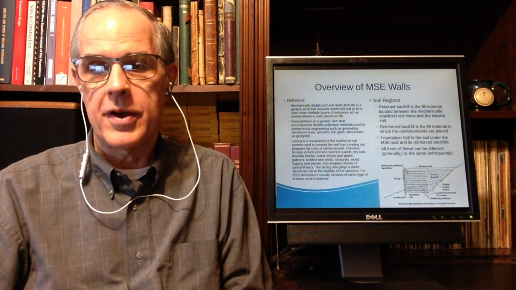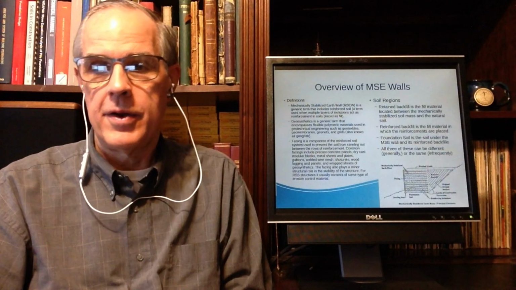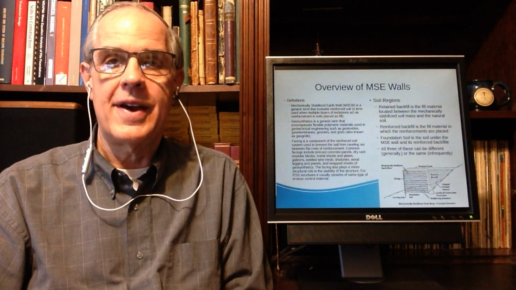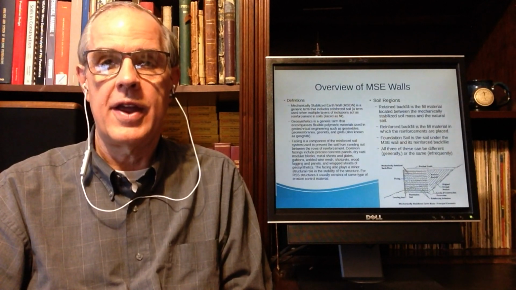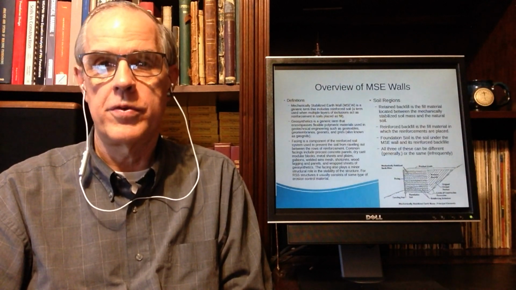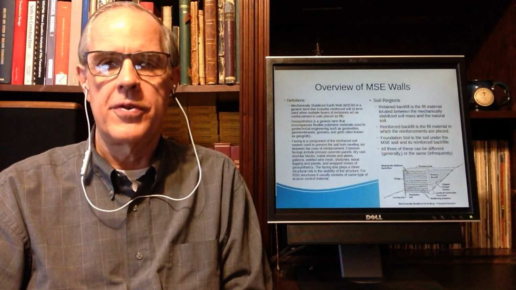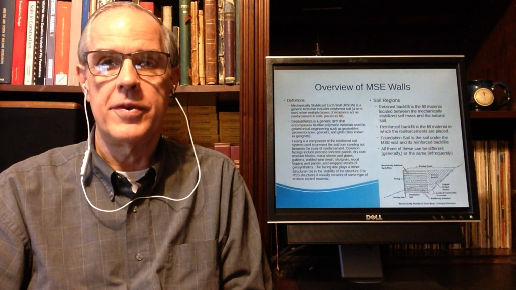So we also talk about in these definitions about geosynthetics. We are going to concentrate here on geosynthetics as the reinforcement for MSE walls. Originally, when MSE walls were first developed, most of the reinforcement was steel.